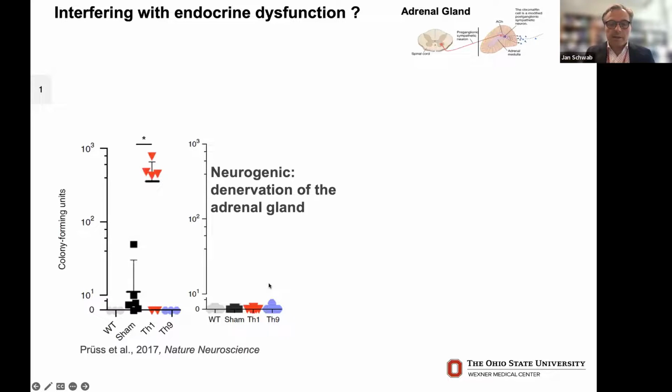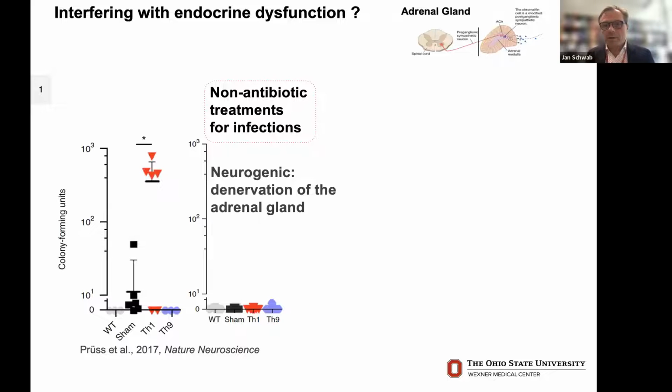So we think that this may be a mechanism to look forward to developing non-antibiotic strategies to treat infections in those patients. As you know, spinal cord injury patients are plagued early on with antibiotic resistances, and it should also be said that antibiotics given preventively are not actually doing the job. After acute CNS injuries, they are not preventing infections.